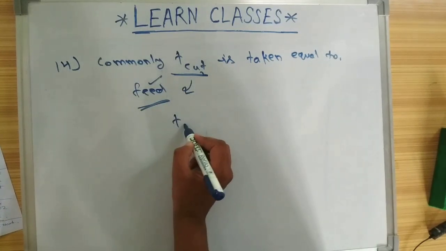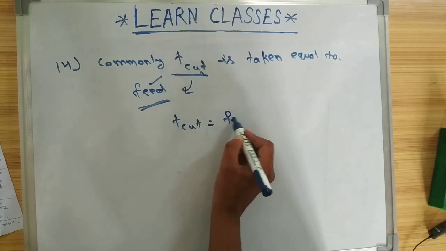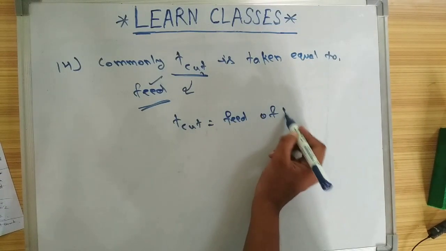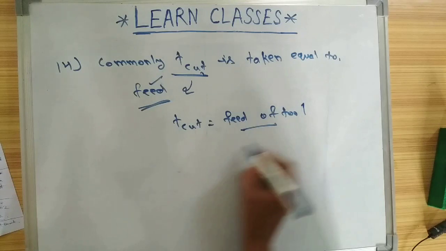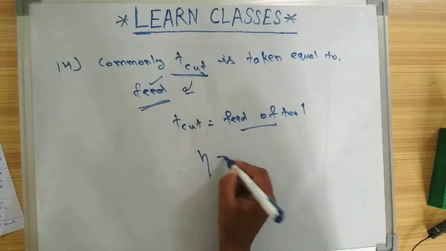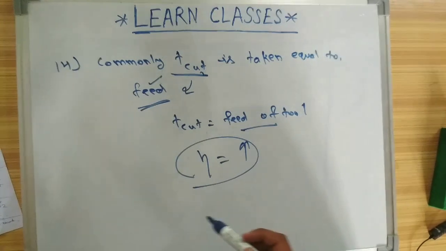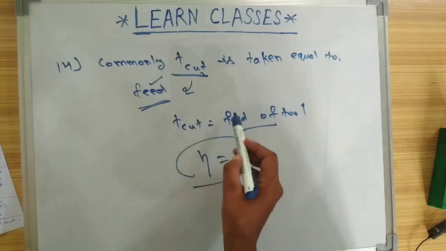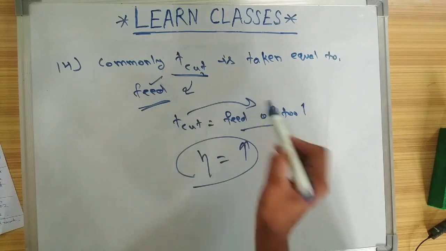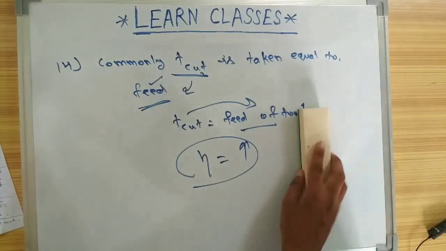With this, T cut is equal to feed of the tool, and the efficiency of the process increases. So, for increasing the maximum efficiency, we take T cut equal to feed of tool.